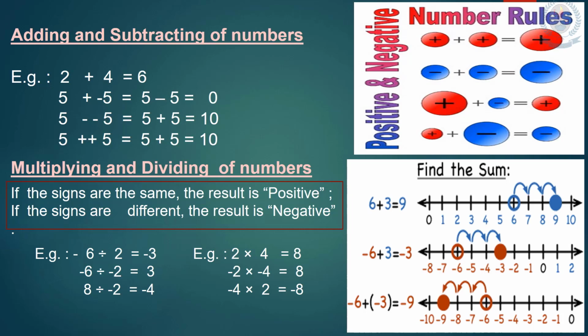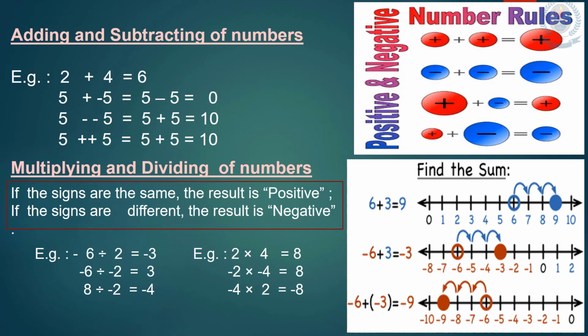2 plus 4, 6. 5 plus minus 5. There are two signs together. If two different signs are together, it will come into subtraction. You have already learned those things in Form 1 class. So 5 plus minus 5, it will become 5 minus 5.